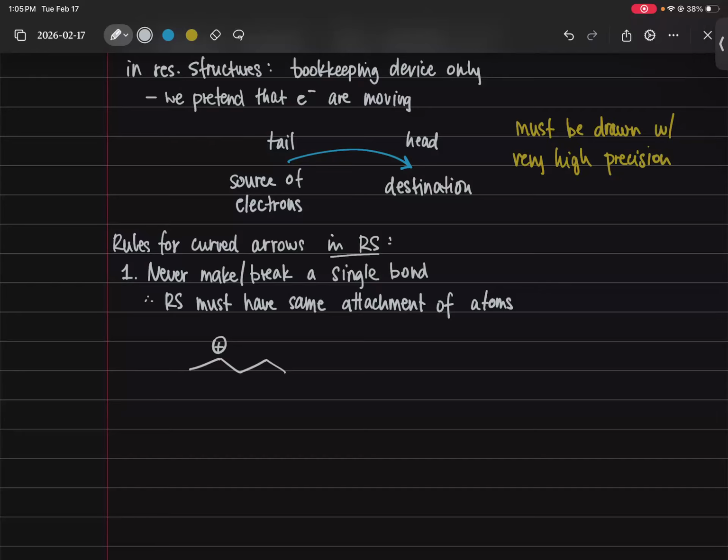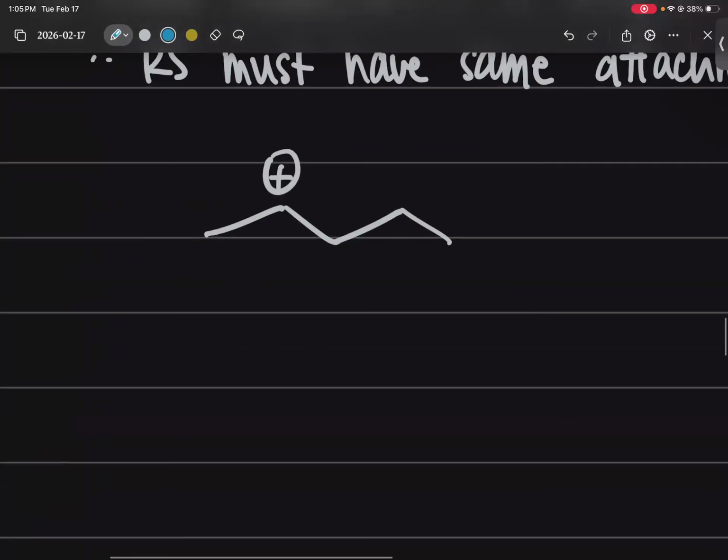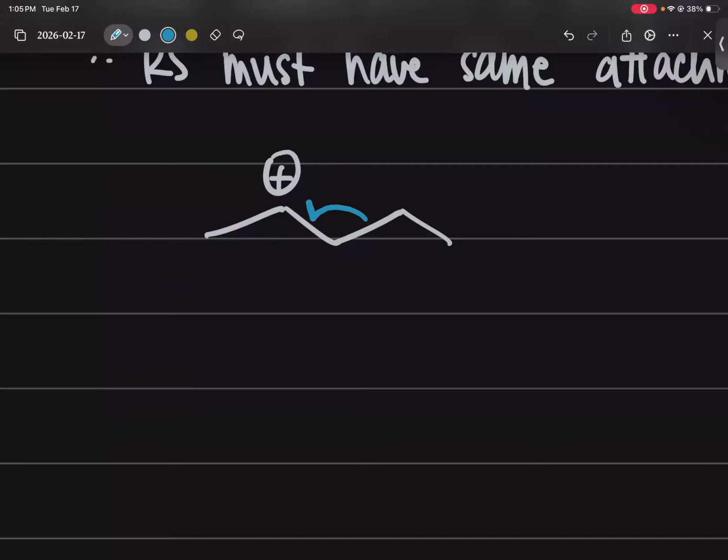So let's say I have this molecule here with a positive charge. I'm going to draw an arrow that is a bad resonance structure arrow. And then I'm going to draw the result of that arrow, which is correct based on what the arrow is telling me, but does not create a resonance structure. Okay. So again, high precision is important here, even with this wrong arrow.